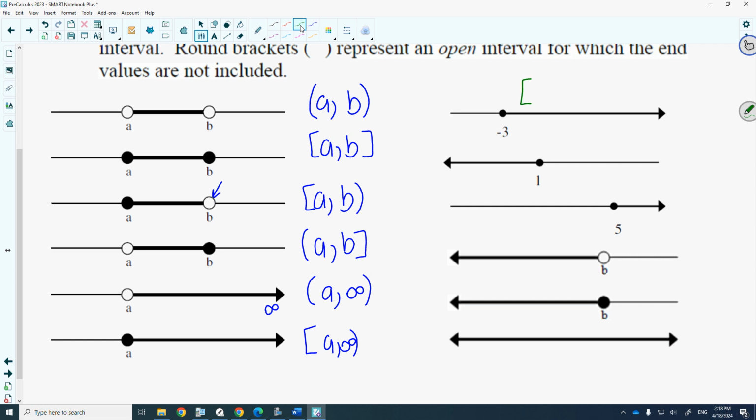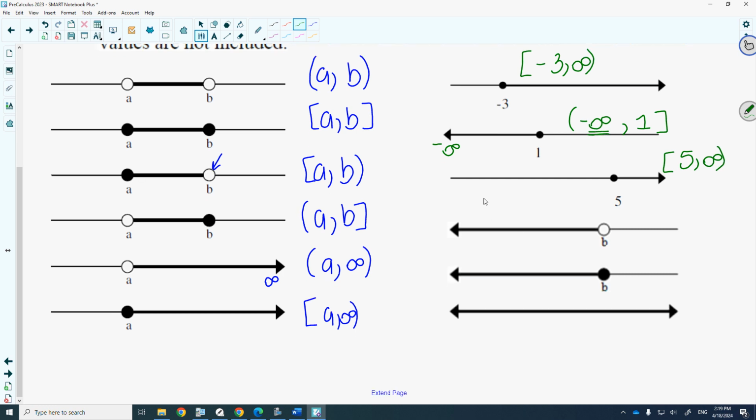So this first one, -3 is included to infinity. This one, our solutions are from -infinity to 1, right? So that would be round bracket, -infinity. You always do the smallest on the left, biggest on the right. 1 is included. This solution set would be 5 to infinity. This solution set would be -infinity to b.